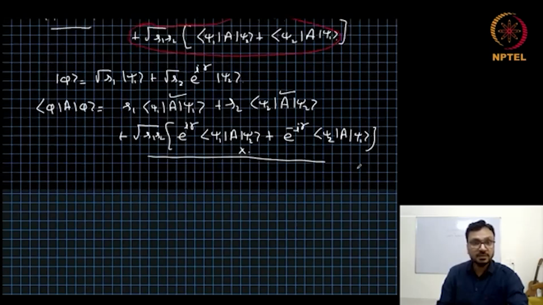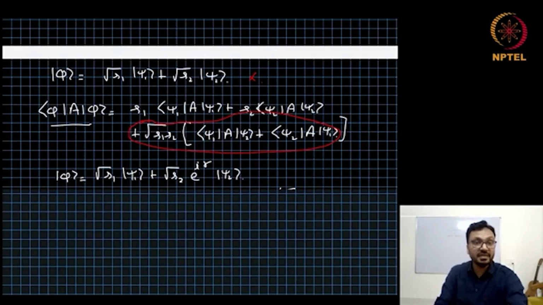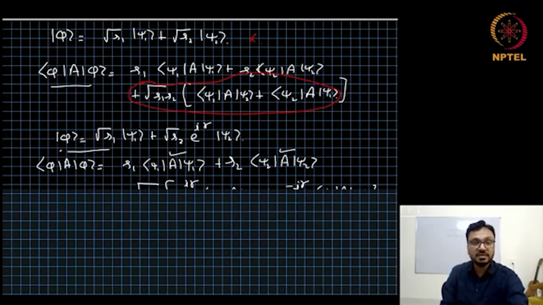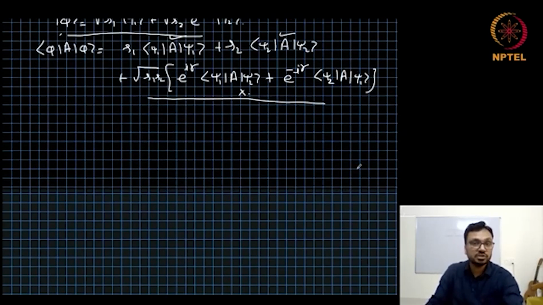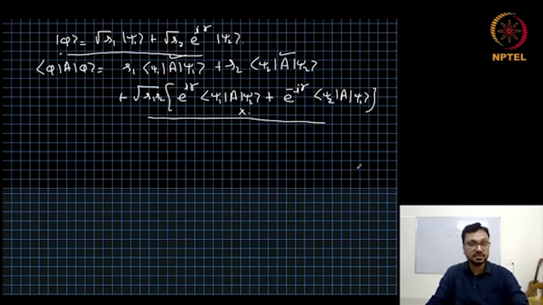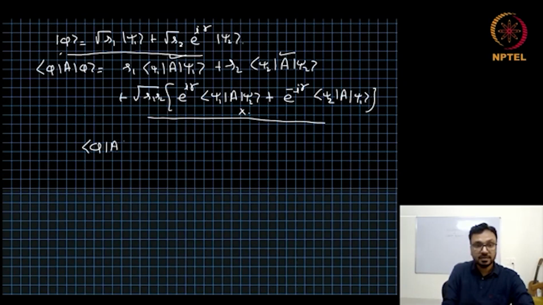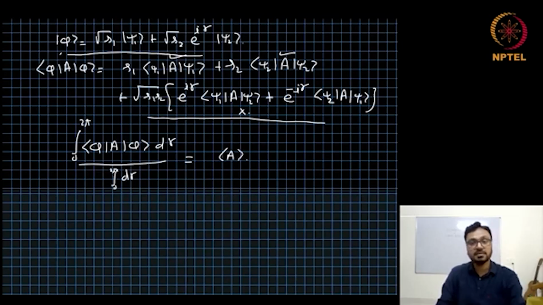But what does it mean? It means there does not exist any phi of this form which can yield the right expectation value for the scenario under consideration. Namely, we have a mixture of two pure states, psi1 and psi2, and we want to see the expectation value and the corresponding average state. But we can see one thing: if we average this expectation value over the whole range of gamma, then we actually get the right expectation value.